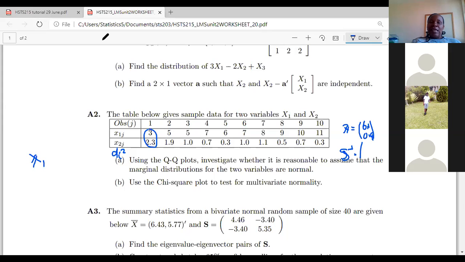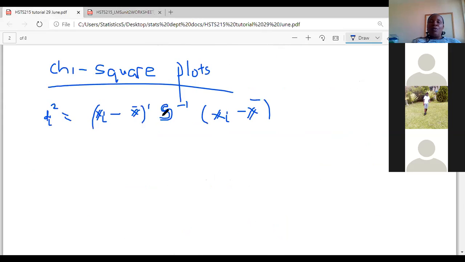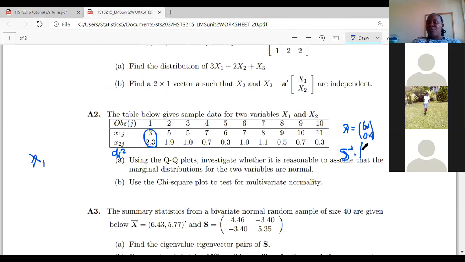We need x bar and my xi vectors now. We need S inverse, which means you need to calculate the sample variance-covariance matrix. Then you find the inverse of that 2 by 2 matrix. It should be easy.